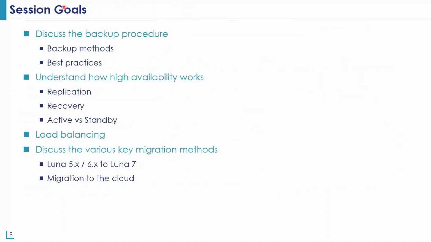In this module, we're going to talk about backup, the different backup methods which are available to you. We talk about high availability, how your HA environment works, how your replication works, if some object needs to be recovered, if one of the HSMs is down, how you can do recovery, the difference between active and standby configuration, and load balancing: how your load will be balanced if you have multiple HSMs in place, and who will be responsible for balancing your load. If you have Luna 5, Luna 6, and you want to migrate to Luna 7, what are the different options you have? We're going to talk about that in this module number 5.